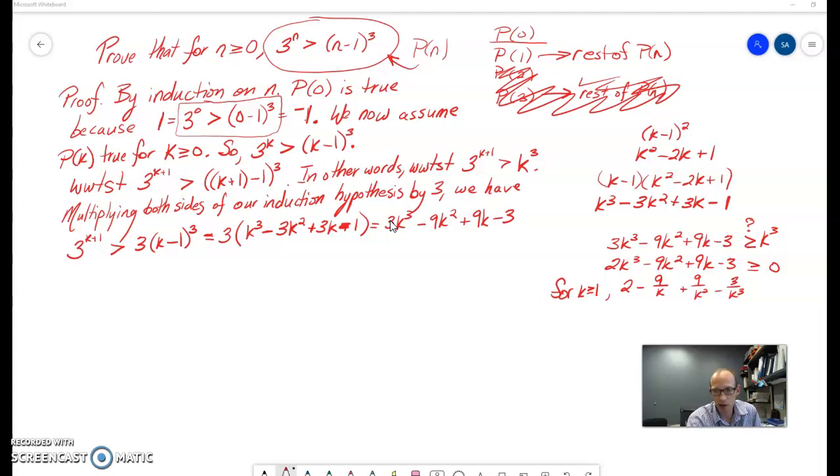So in order for that to happen, I'm going to have k greater than or equal to 9. Now, if k is greater than or equal to 9, then we have this equaling 2. We have this as less than or equal to 1. And this one right here is also less than or equal to 1.